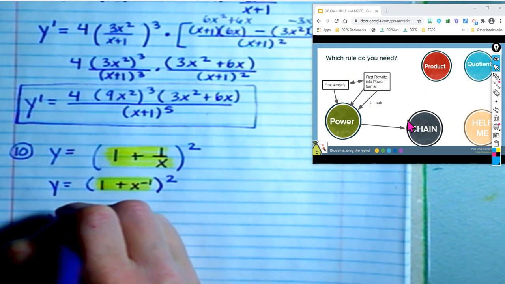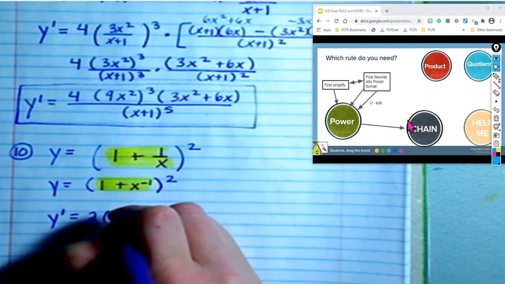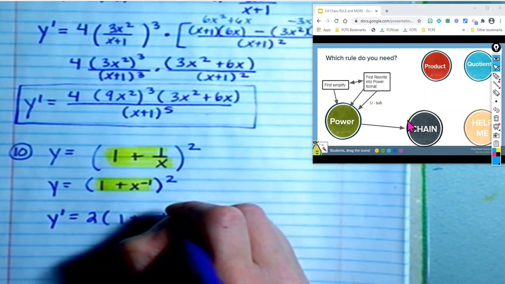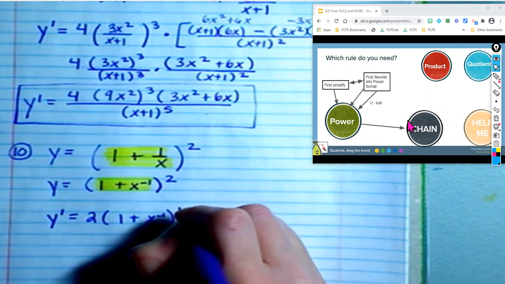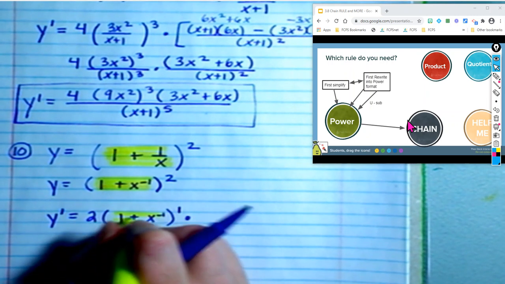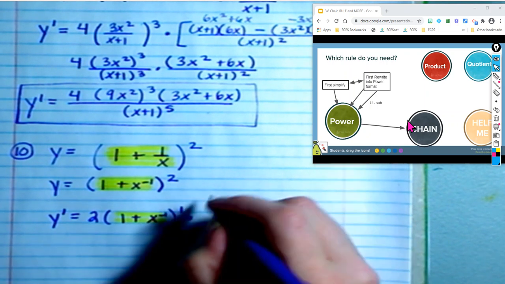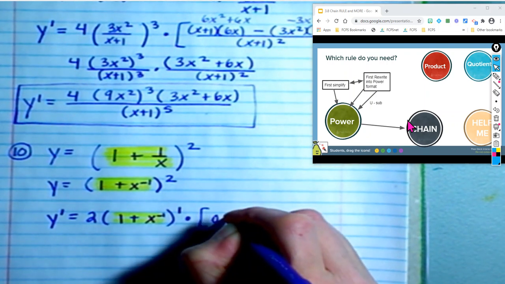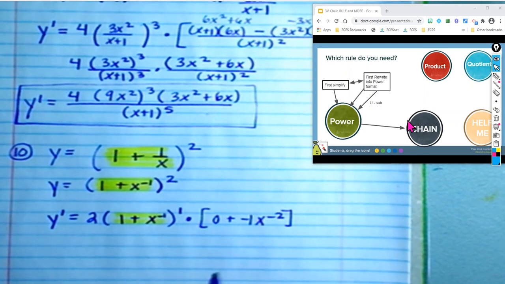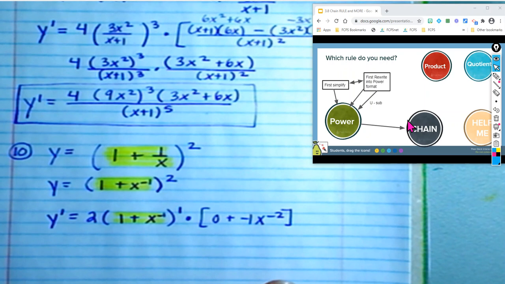The derivative is outside derivative, subtract 1, times the derivative of the thing I copied. All right, I can do this. 0 plus negative 1x to the negative 2. Okay, that's the rule.